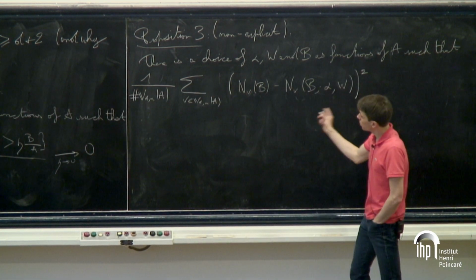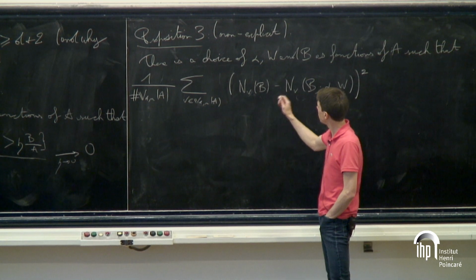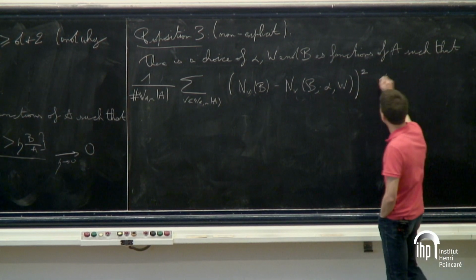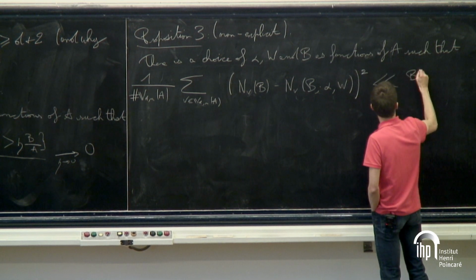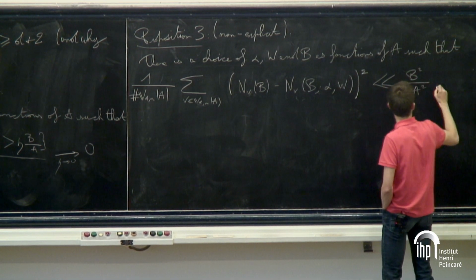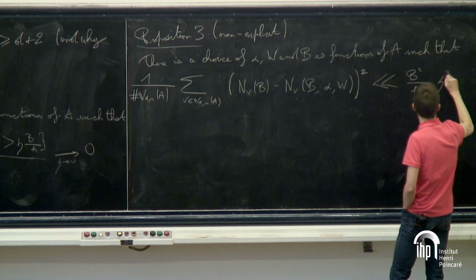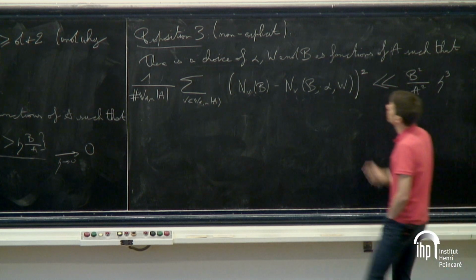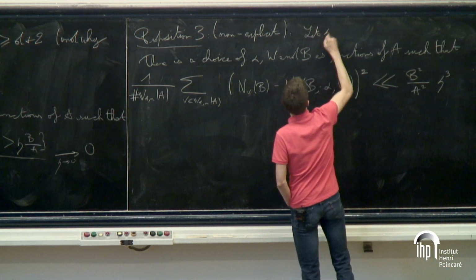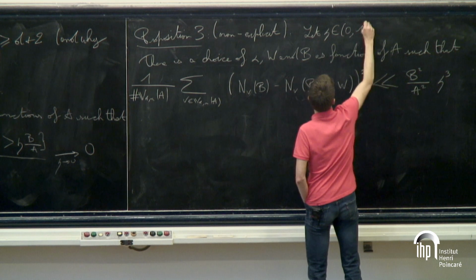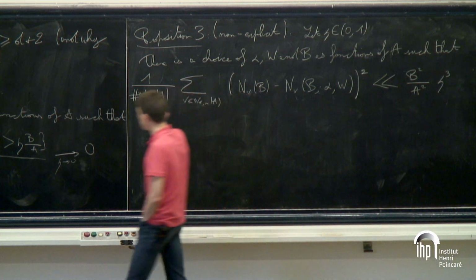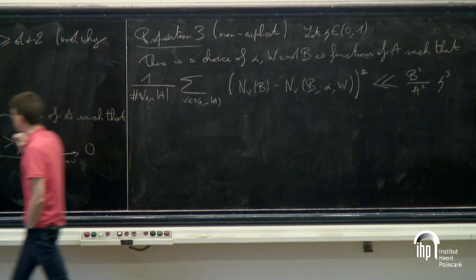So if there was no cancellation at all in that sum, then this would be about B squared over A squared. But I want it to be a bit smaller, so I'm going to put some power of eta here. Eta is some small parameter between 0 and 1, say. Now I'm going to show that if we have this, then we get that.